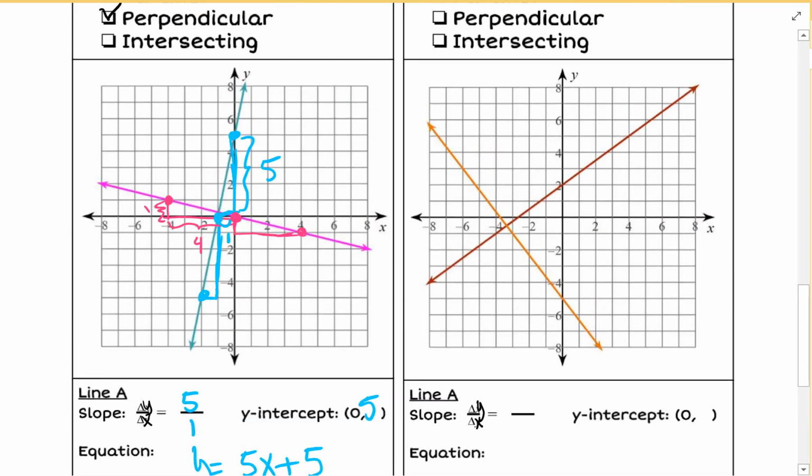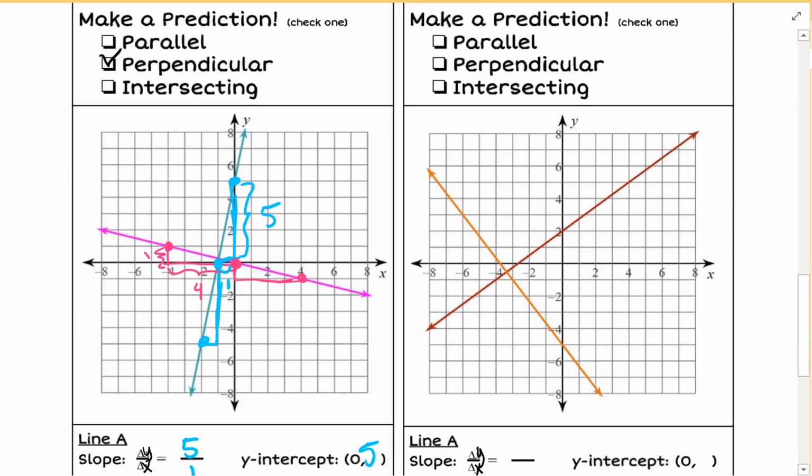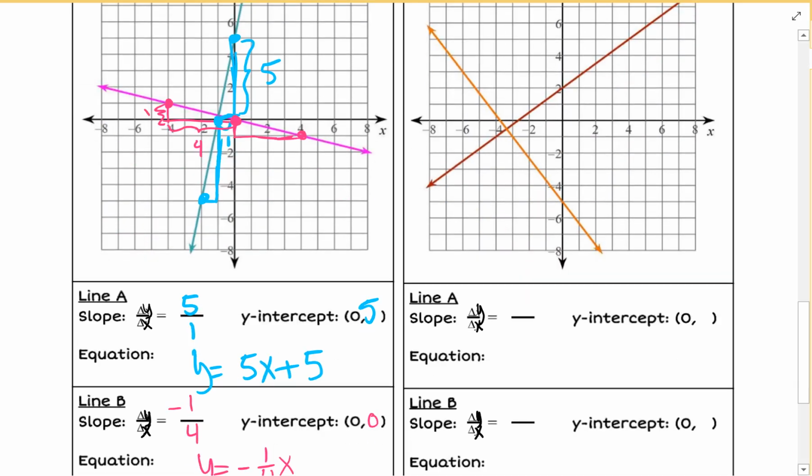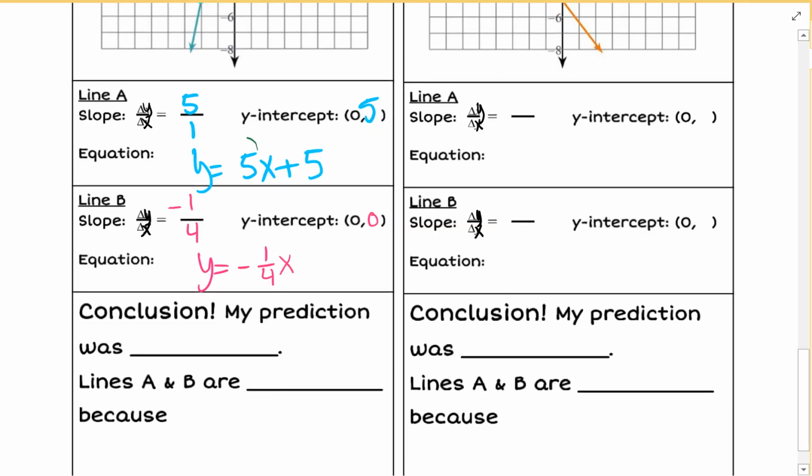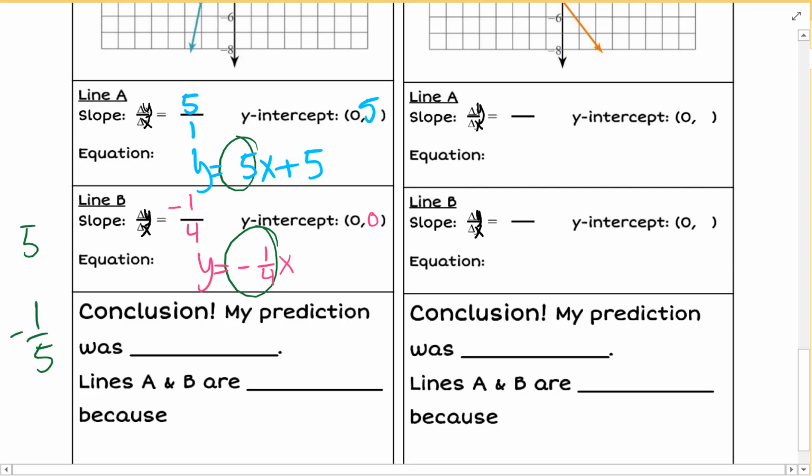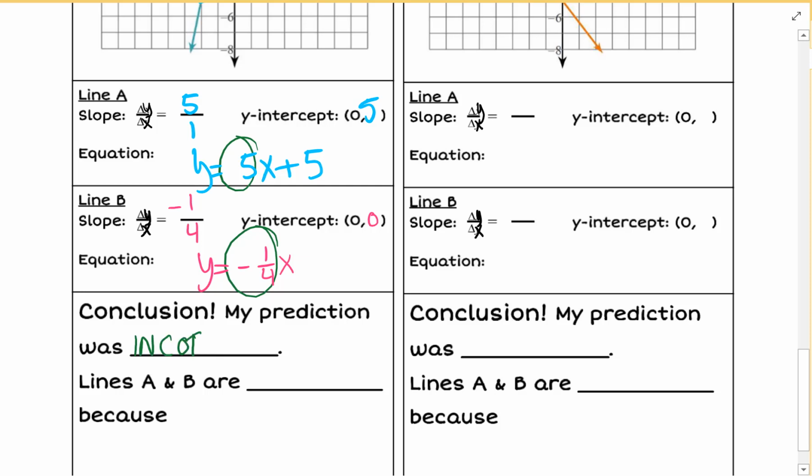Okay, we predicted that these lines would be perpendicular, which means their slopes would be opposite reciprocals. So let's test if that is the case. Our slopes here are 5 and -1/4. Now, if I take 5 and I make it negative and I flip it, that's -1/5. That's not -1/4. So they looked really close, but our prediction is incorrect.